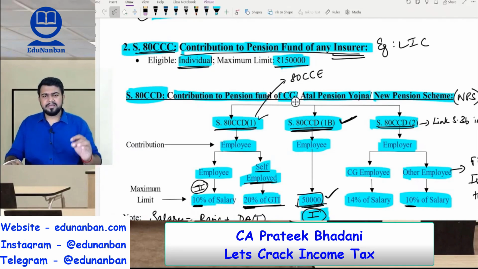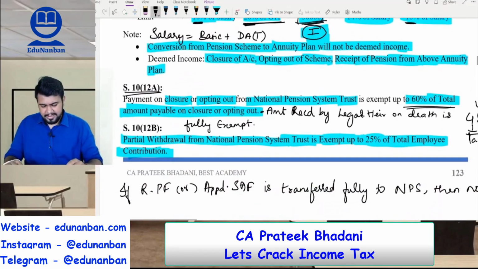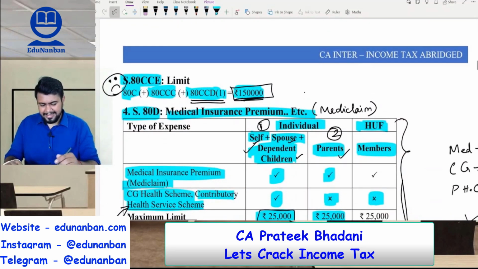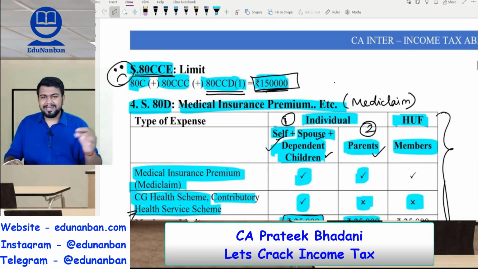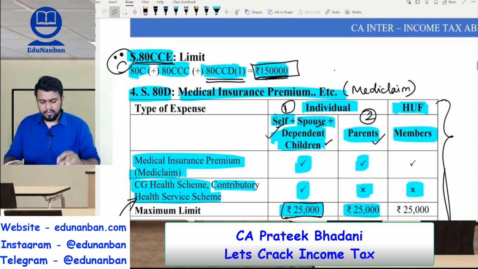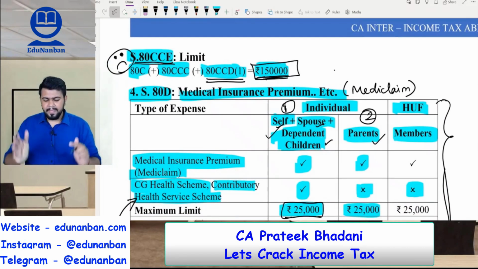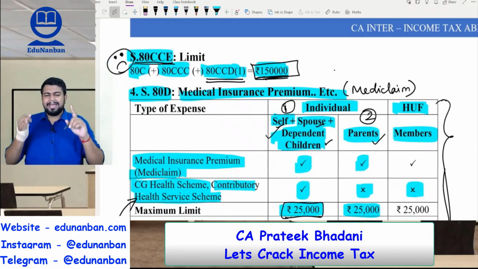And in the pension fund, HUF cannot put the amount, so it is allowed only for individual. Now see, there is also another section called 80CCE, which is putting limit over limit. The section is telling 80C, 80CCC, 80CCD subsection 1.